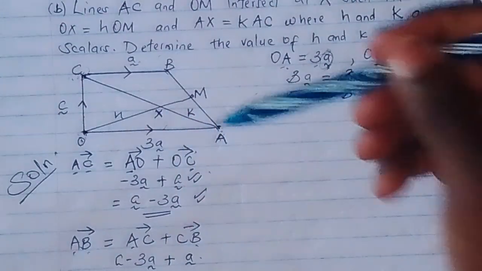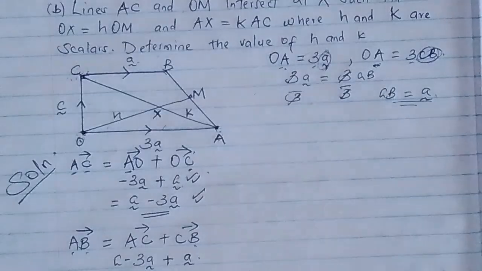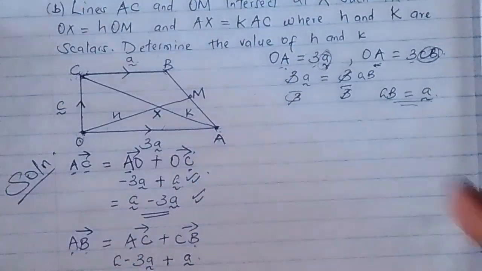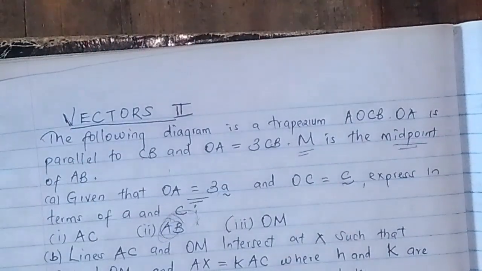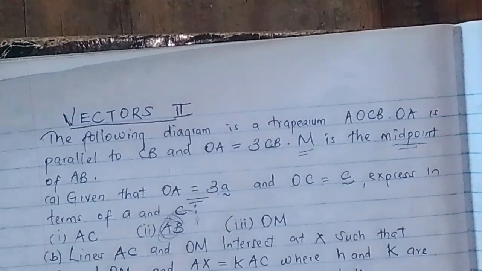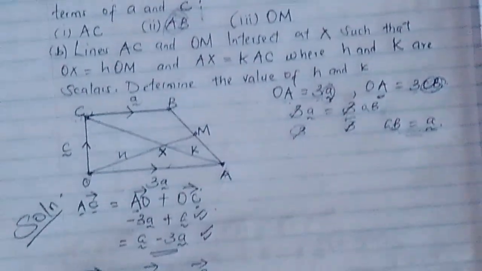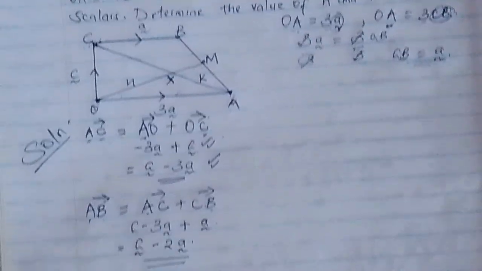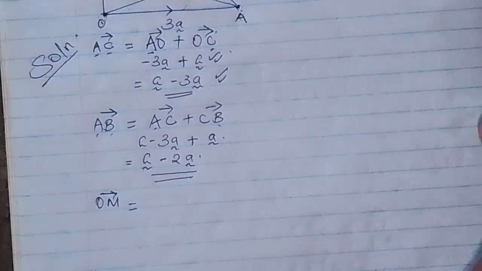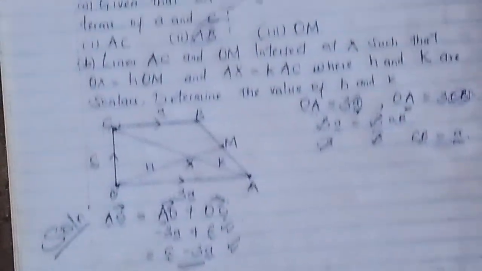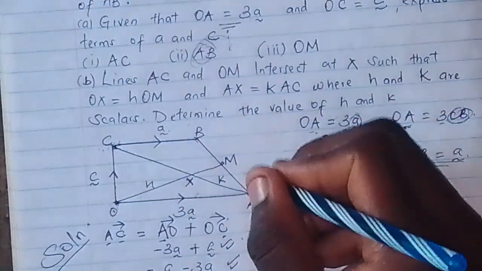And remember, our question says that M is the midpoint. Understood? So M being the midpoint of the line at hand, we know that it divides it into a half.